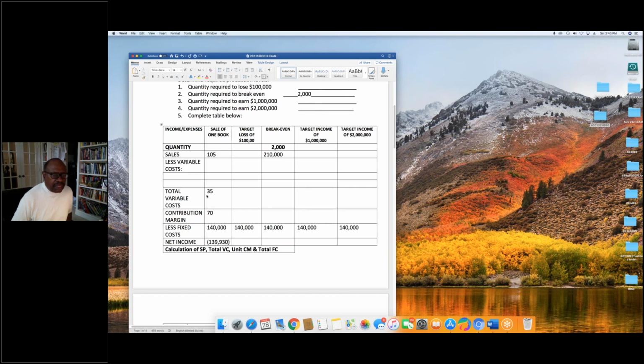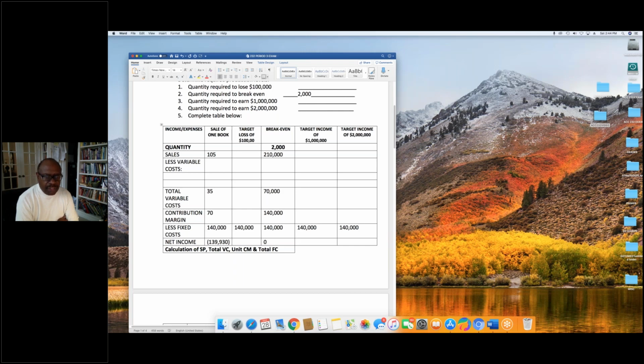Then we take the 2,000 and multiply times the variable cost, 35, and we get 70,000 as our total variable cost. Subtracting the 70 from the 210, we get a contribution margin in total dollars of 140,000. Our fixed cost is 140,000, and therefore our net income is 0. And so that's what we wanted to be able to show.